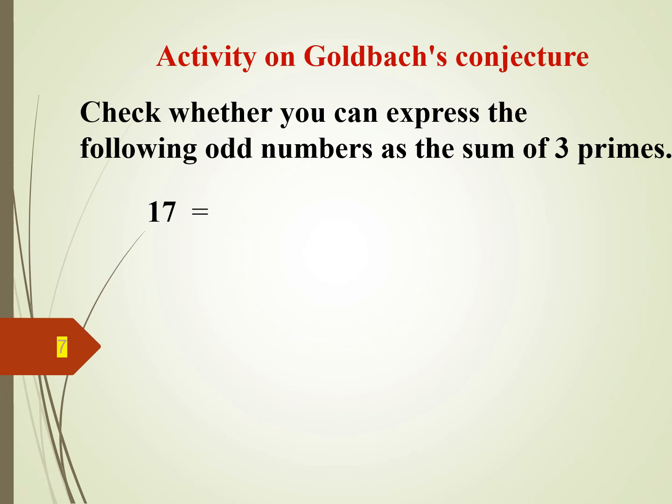So we can ask them to do something like this, in which students learn something about mathematicians and their conjectures or theorems, and also they remember the prime numbers. Now, for odd numbers, they have to use only primes. They cannot say something like 14 plus 3, because 14 is not a prime number.